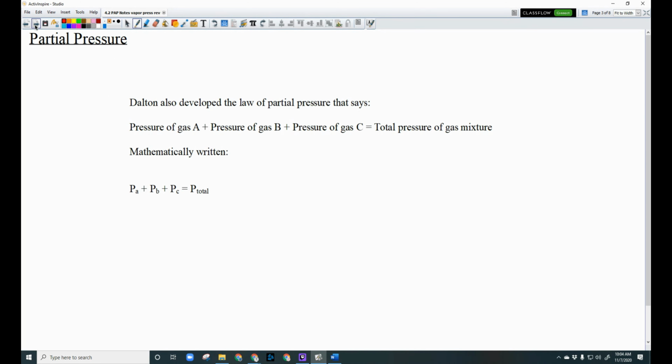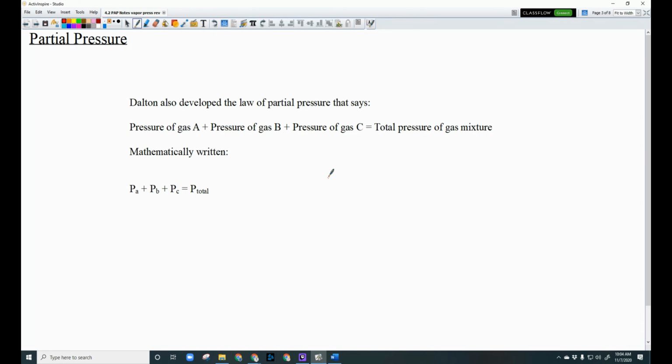All right, and partial pressure. Dalton also developed the law of partial pressure, which says that the pressure of gas A plus the pressure of gas B plus the pressure of gas C, et cetera, equals the total pressure of the gas mixture. Written mathematically, that's PA plus PB plus PC equals the total pressure.